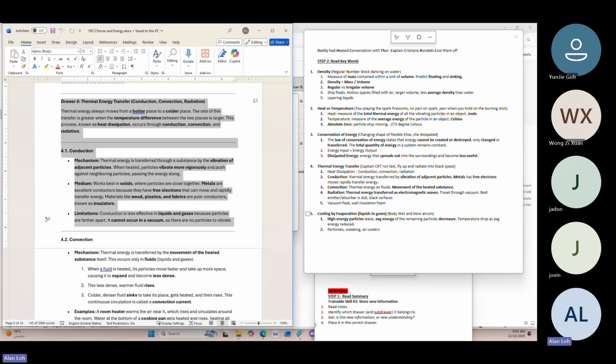So let's do 1 minute for this drill. This one, 4.1. Ten more seconds.